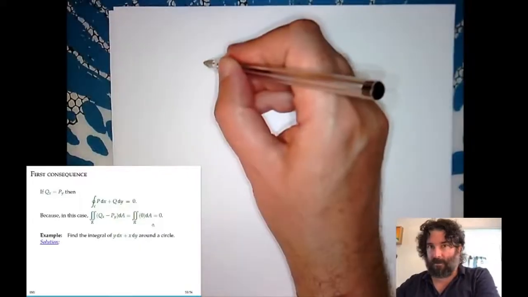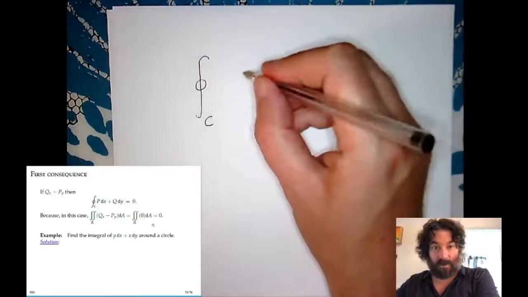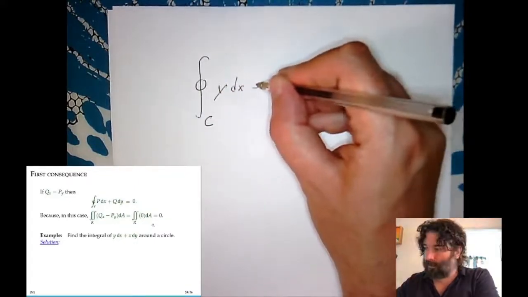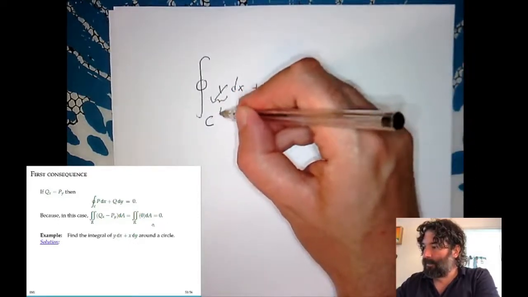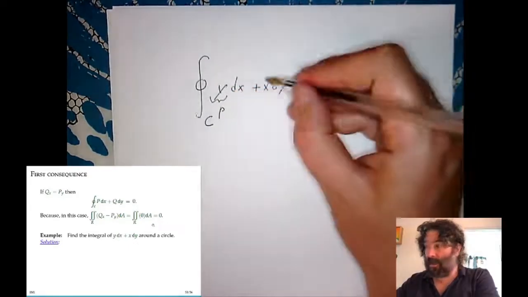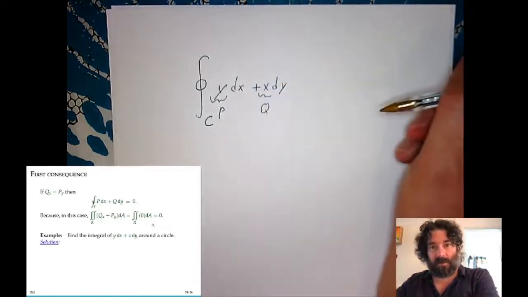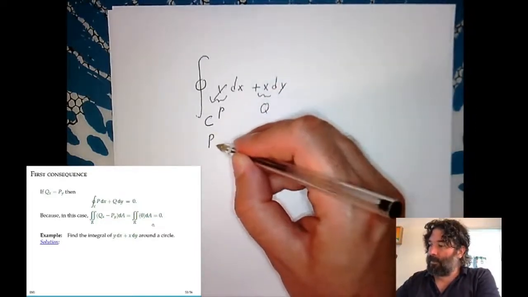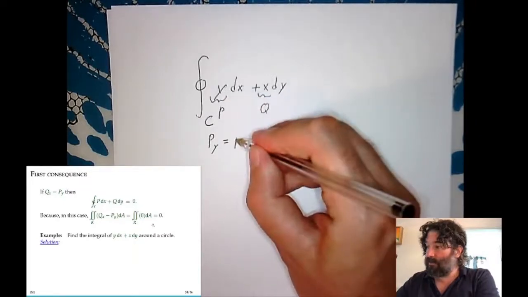And so we have a line integral around a circle of y dx plus x dy. And you remember p is the coefficient of dx and q is the coefficient of dy in the differential form. And we have then that py, the derivative of p with respect to y, is equal to 1.